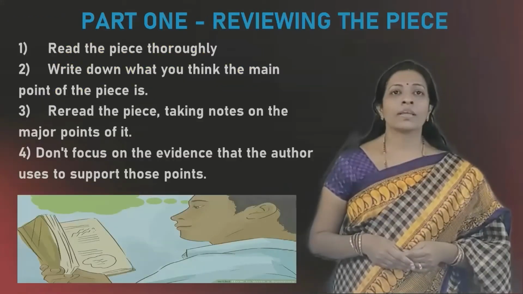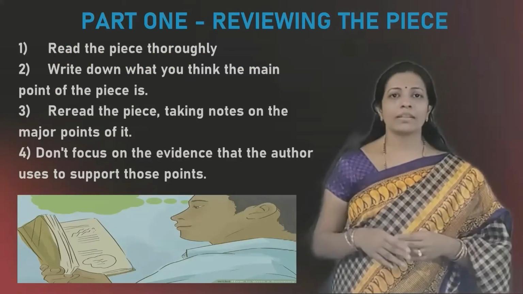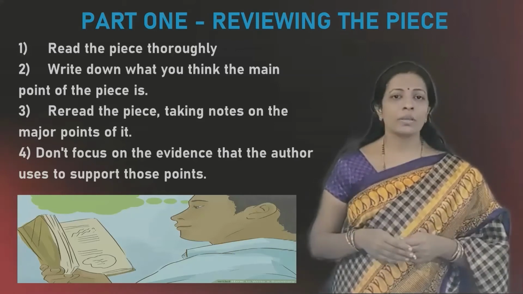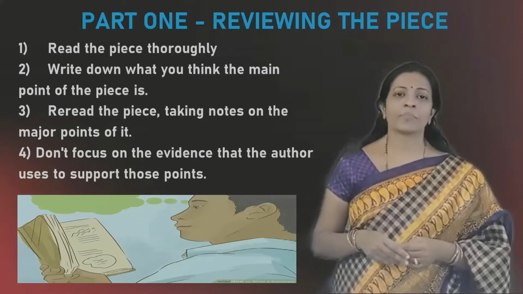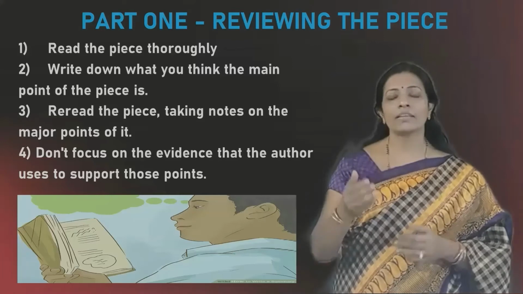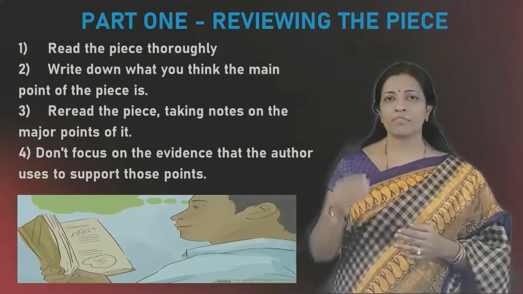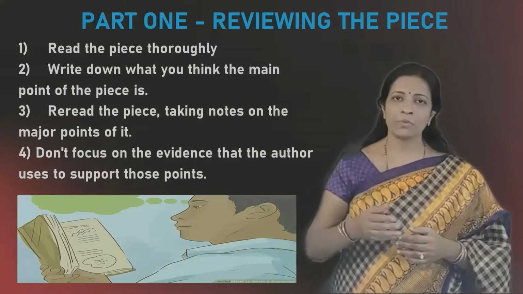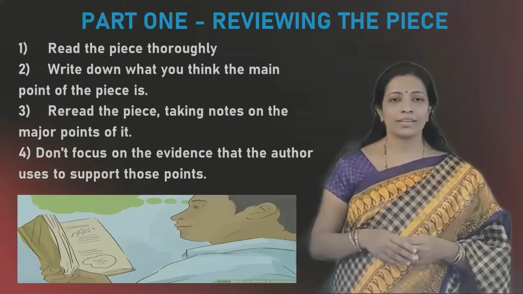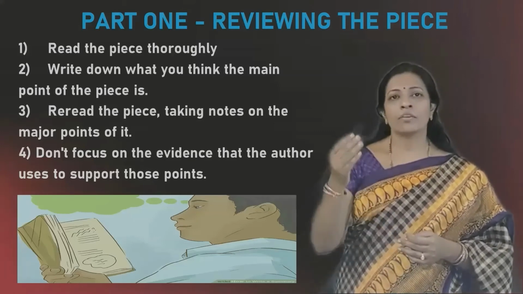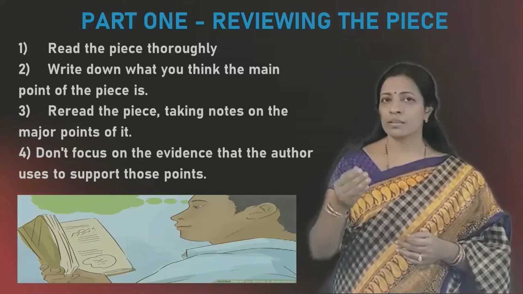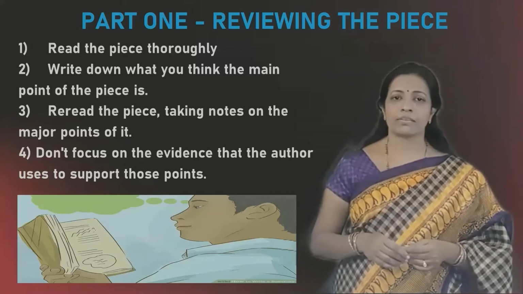Okay. Now, the first part, that is how to review the essay or the text. First, read the text thoroughly. Without a proper reading of the text, you will never be able to know which are the main points or main theme of the text. Then, write down what all you feel are the main points in the text.